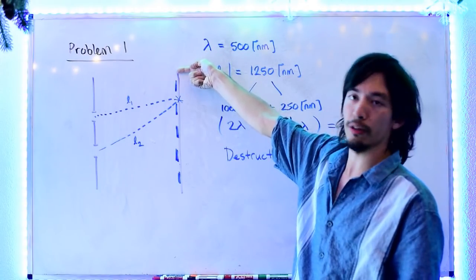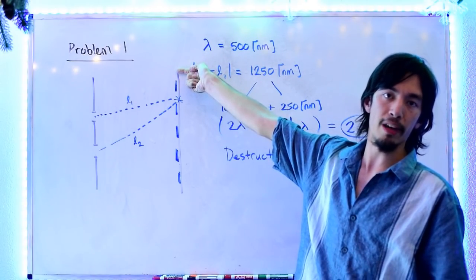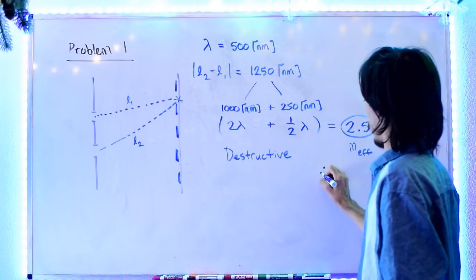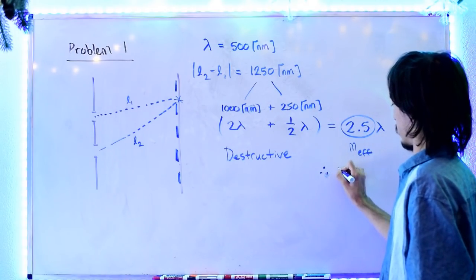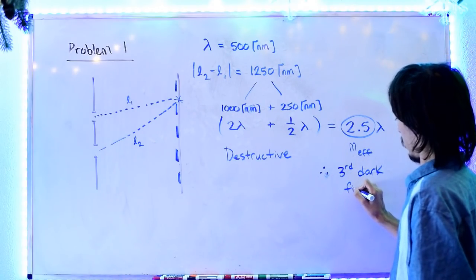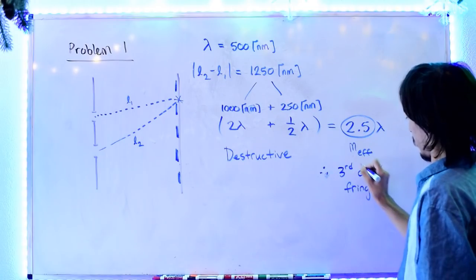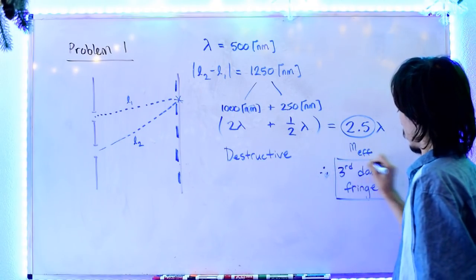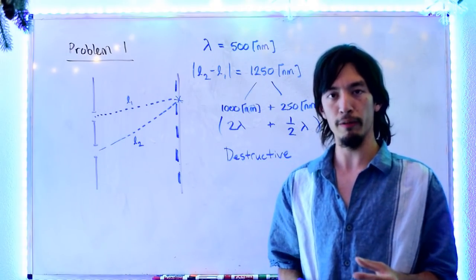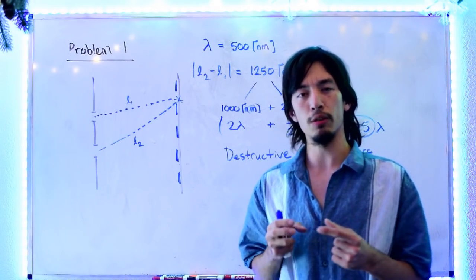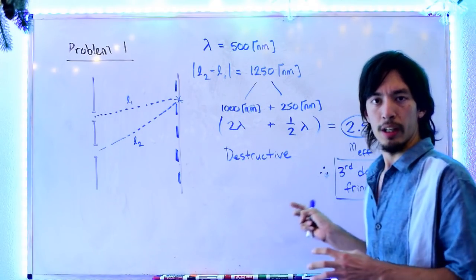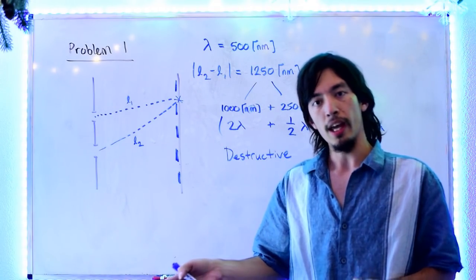And the third dark fringe would be 2.5 extra wavelengths. So we know that, therefore, this is the third dark fringe. This can be possibly a little bit more confusing. So if you have any questions on how I arrived at this conclusion, let me know in the chat and we'll go from there.